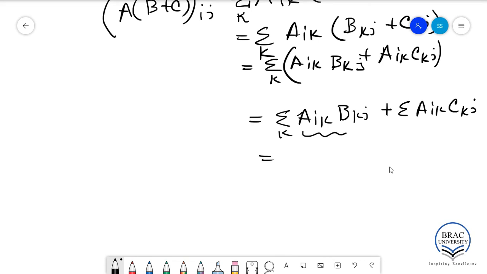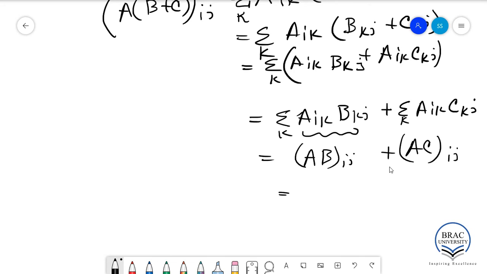But this is what? This is just multiplication of A and B, and since we're writing in components, this is just the ijth component, right? And this is the ij component of AC, that is after you sum over the dummy index.